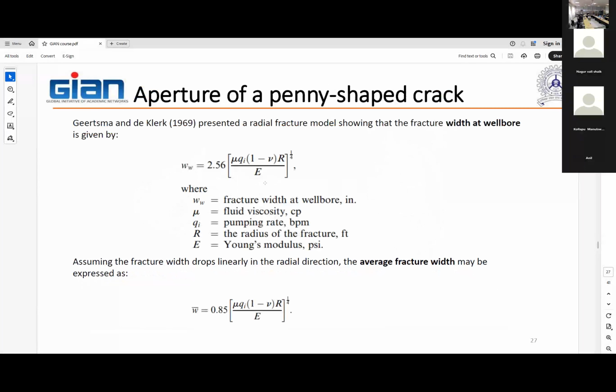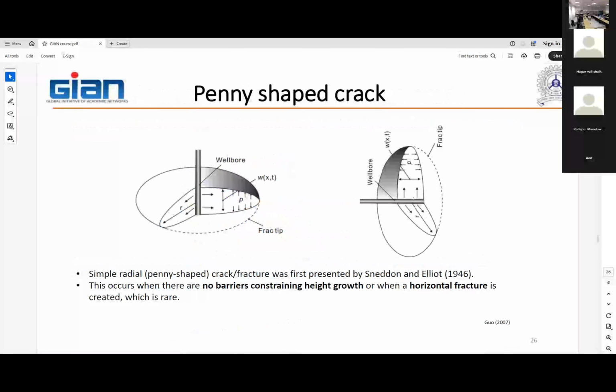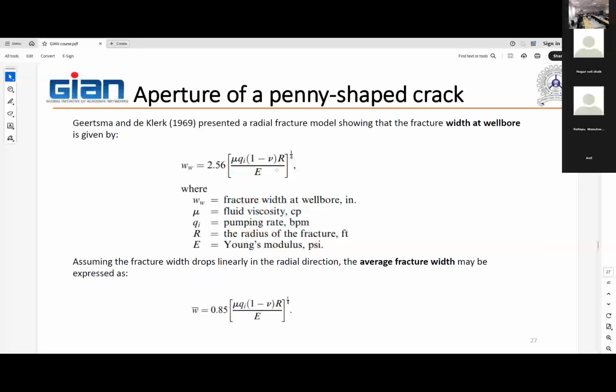If you want to calculate the width at the wellbore, this is the formula. The width depends on the fluid viscosity that you are pumping, the flow rate, which is the pumping rate, then R, the radius of the fracture, Poisson's ratio, and Young's modulus.